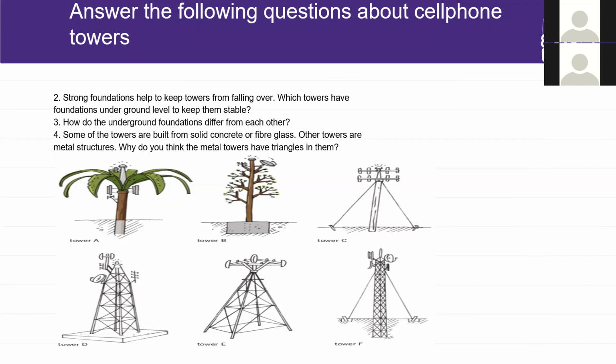A foundation. That's why I brought the picture here. I want you to see a foundation under the ground. Which one is it? A and B. Okay. Right. How do the foundations differ from each other?